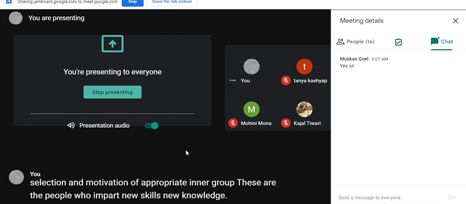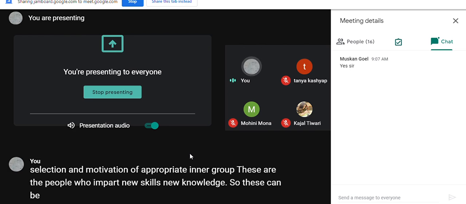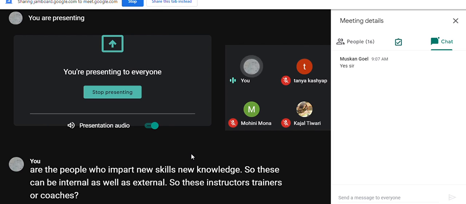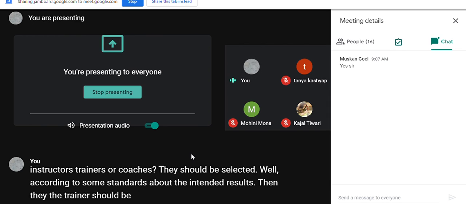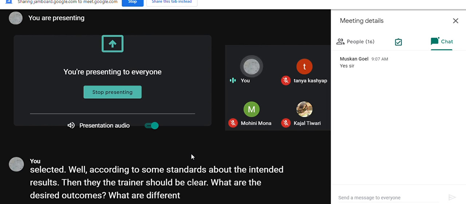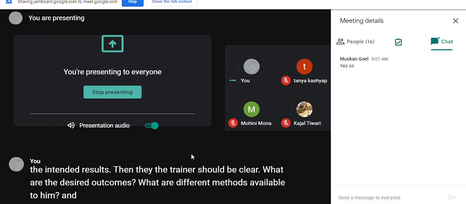They can be internal as well as external. These instructors, trainers or coaches should be selected well according to some standards about the intended results. Then the trainer should be clear what the desired outcomes are, what different methods are available to him, and what is the best method for this particular training group.